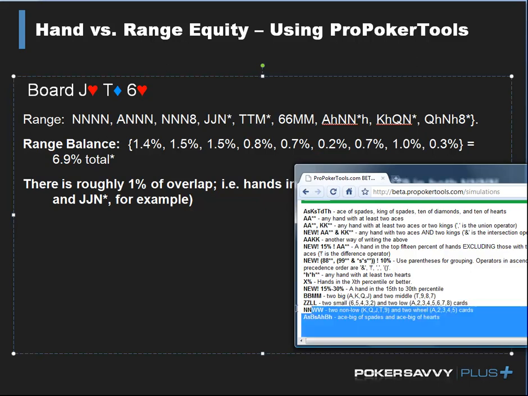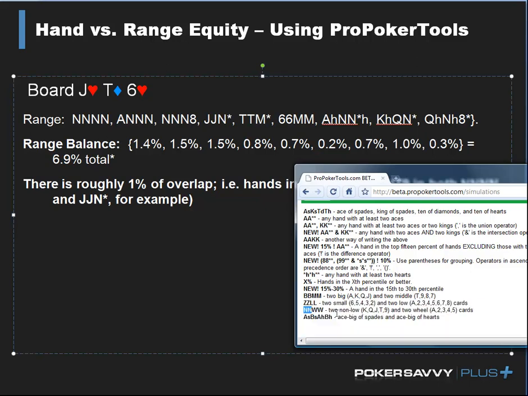The N notation is particularly useful because there's a lot of mid-high hands that are covered well by using a bunch of the N's, as we've done here. That's king, queen, jack, 10, 9. It doesn't include an ace, so if you want to include the hands that have an ace in them, you've got to make a different grouping. But anyway, that's this notation.